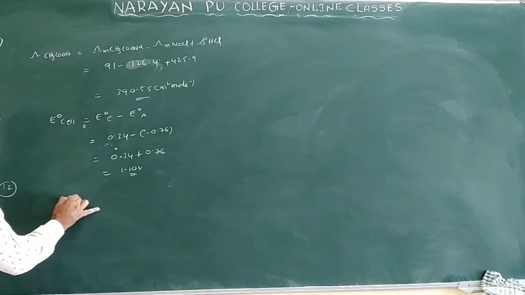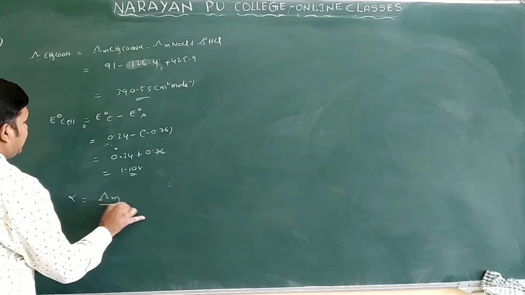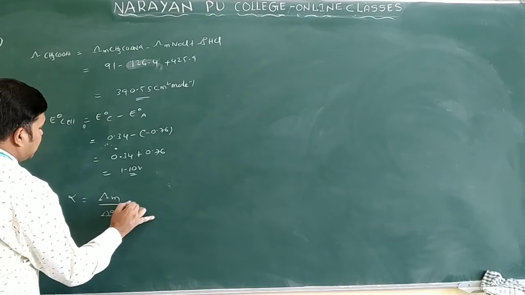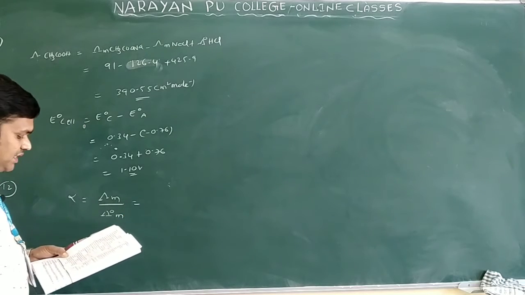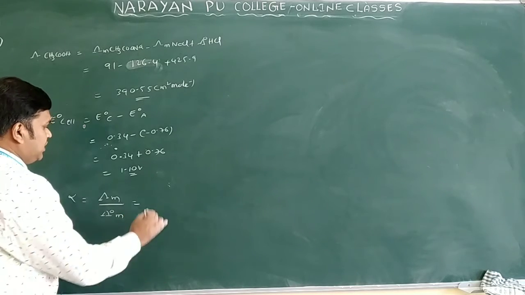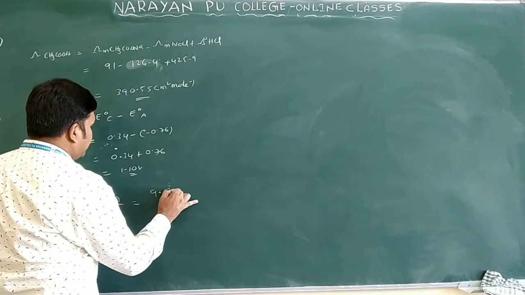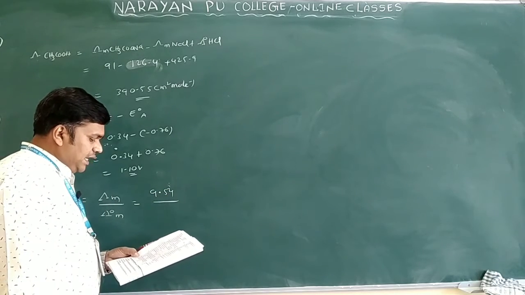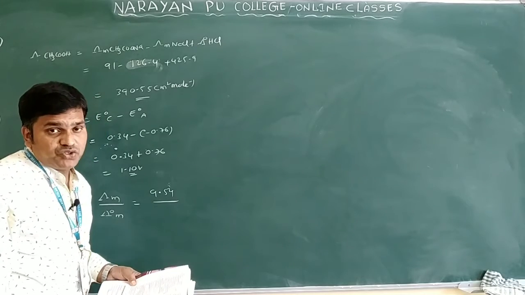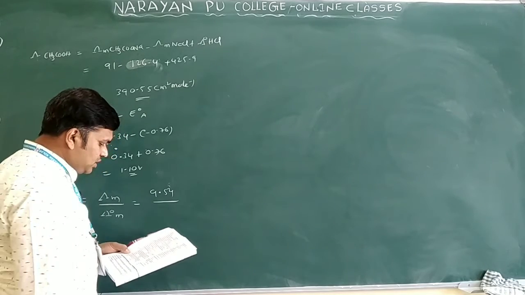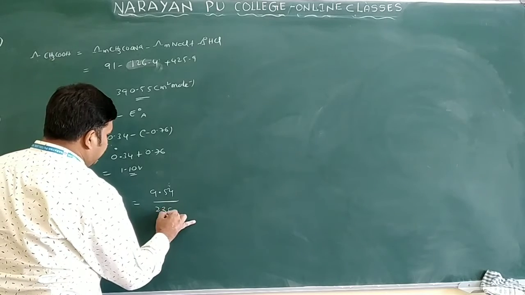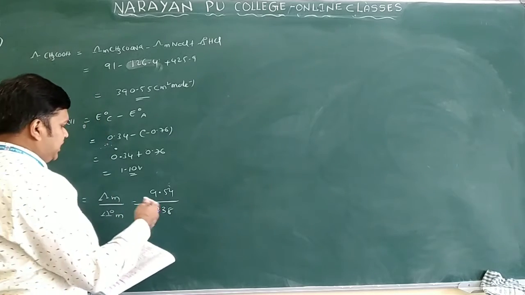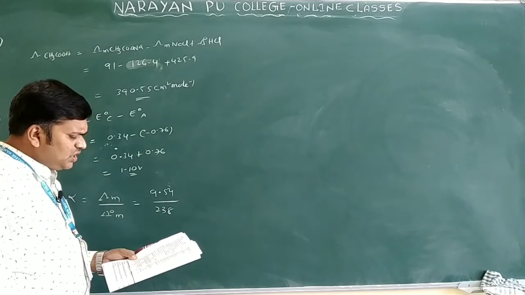Alpha is equal to molar conductivity by limiting molar conductivity. The molar conductivity is given as 9.54. Don't confuse, concentration is also given, but don't use that one. At infinite dilution, that is limiting molar conductance, given as 238. So you will solve this one.